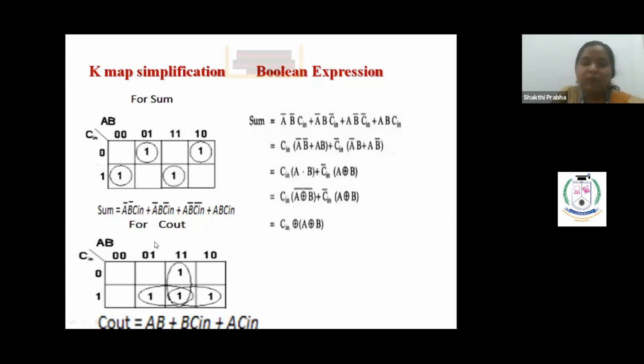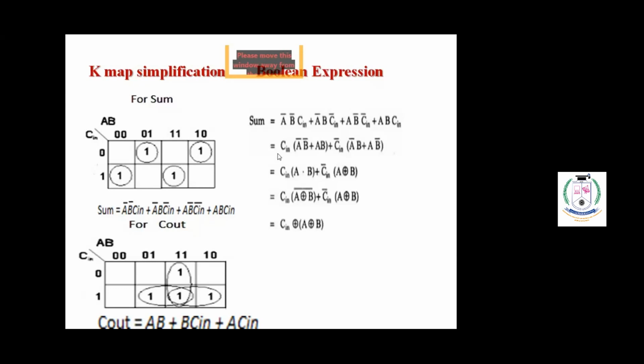You want to check whether it is a short expression or a lengthy one. It is lengthy. So now you want to think about which Boolean algebra rules you can apply to simplify the lengthier expression to a simpler form. I'm taking the Boolean expression for the sum value. Sum equals A bar B bar C plus A bar B C plus A B bar C bar plus A B C. Now you want to check how you can reduce this lengthier Boolean expression.